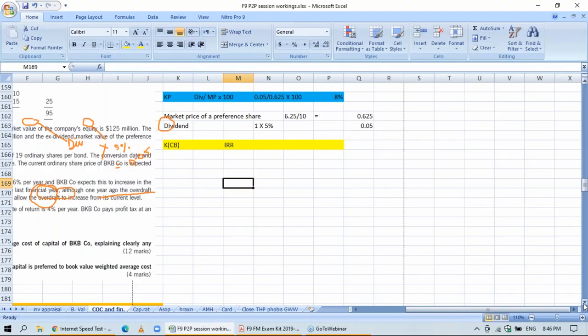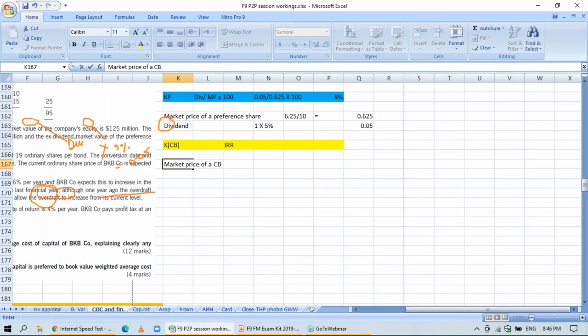So let's first calculate some basic requirements before we go on to calculating the net present value. So first we need to know the market price of a convertible bond. So the convertible bonds are right now being traded at 21 million.